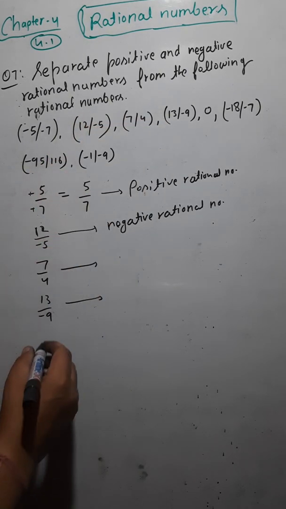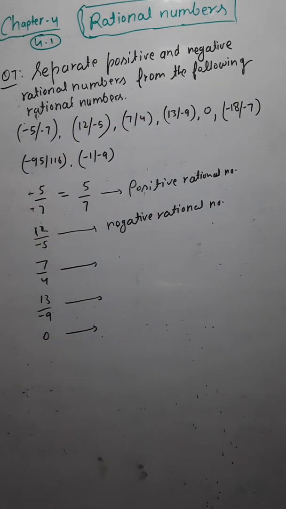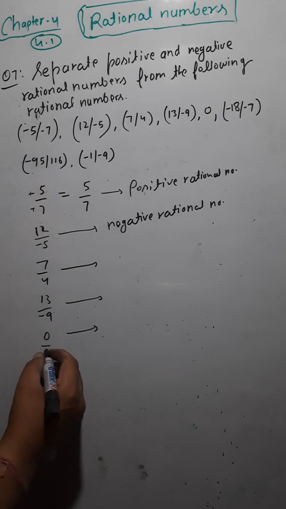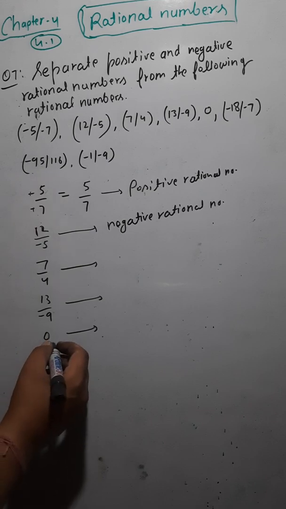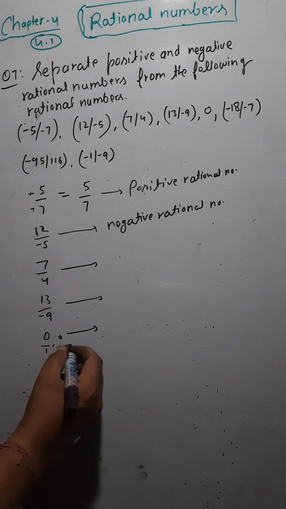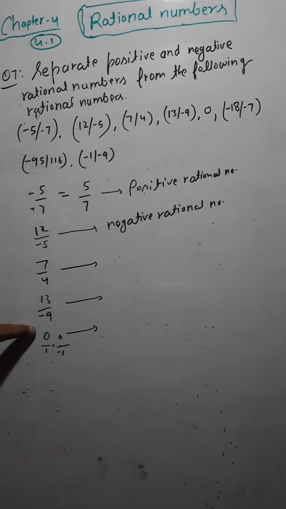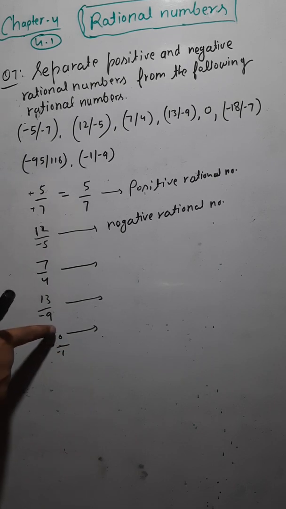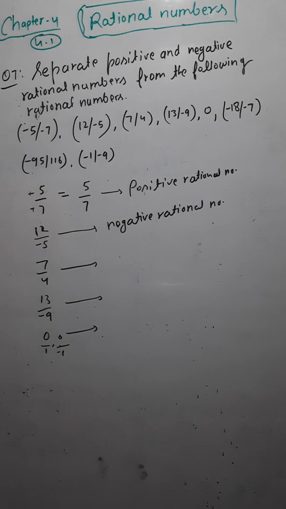Okay. 0, what about 0 then? Just tell me whether this is a positive rational number or a negative rational number. I have already told you, you might be knowing also. 0 can be written as 0 by 1, but at the same time you can write this 0 as 0 by minus 1 also. So 0 can be a positive rational number also, can be a negative rational number also. Yes or not?